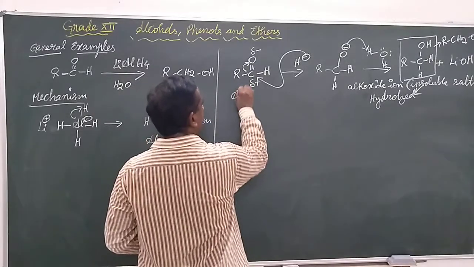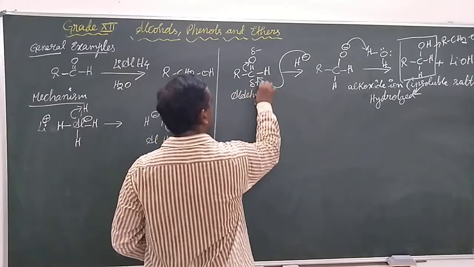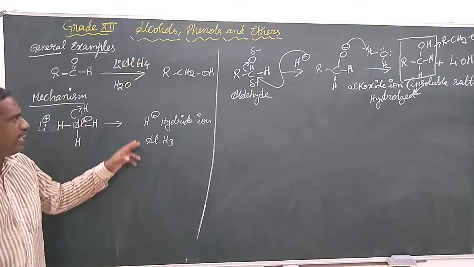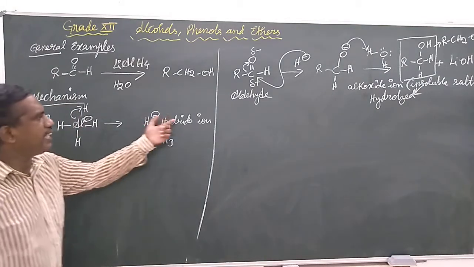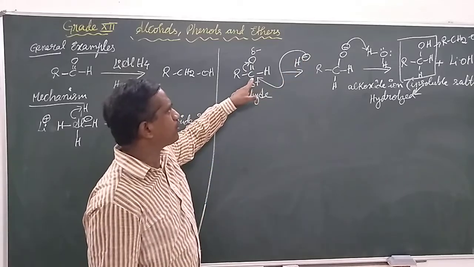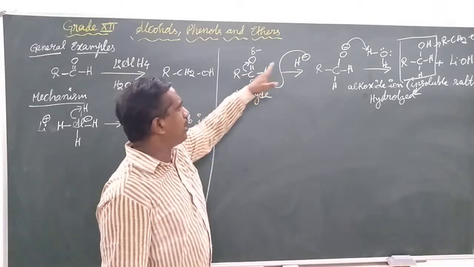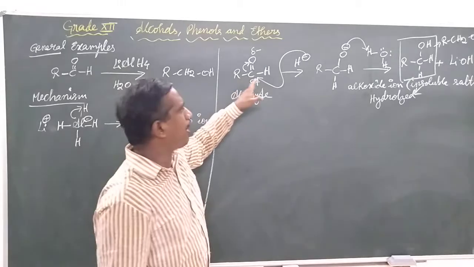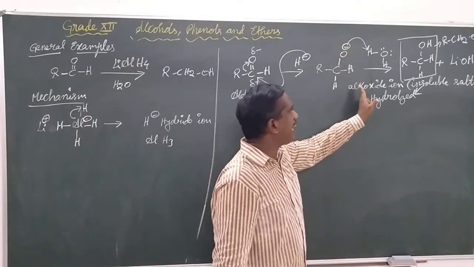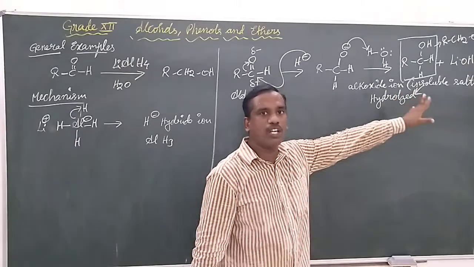So let us recall once again. Aldehyde, when reacted with lithium aluminum hydride, a hydride is generated, which donates its electron pair to the carbonyl compound, migrating the double bond to the oxygen, and it becomes an alkoxide ion, generally an insoluble salt.